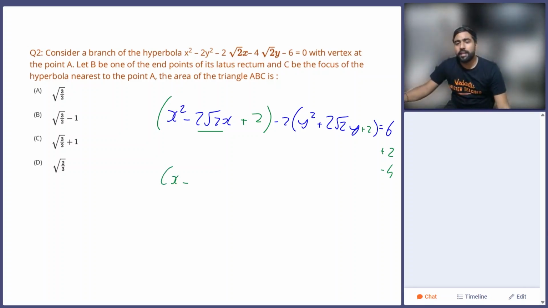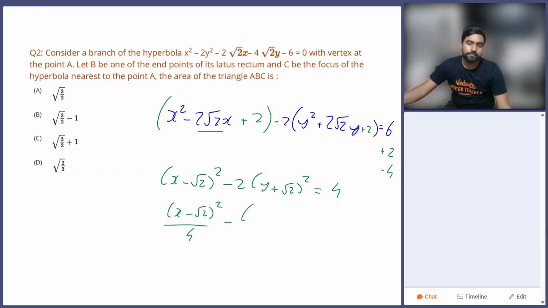So what do I have? I have (x minus root 2) whole square minus 2 times (y plus root 2) whole square equal to 6 minus 4, that's 2. So that's (x minus root 2) whole square upon 4 minus (y plus root 2) whole square upon 2 equals 1.